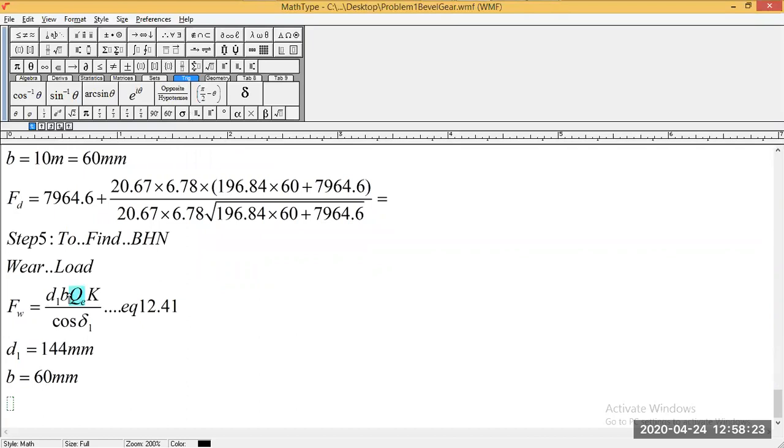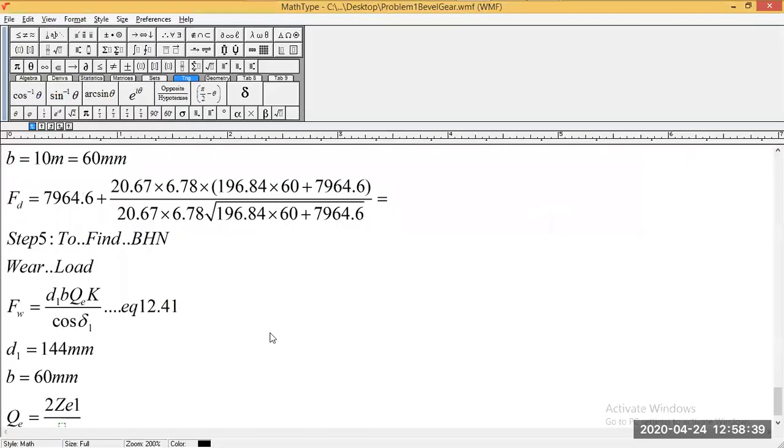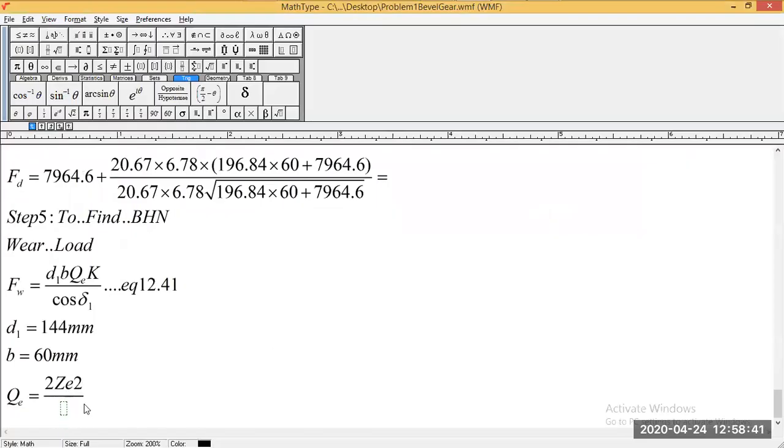QE here is the factor for actual number of teeth. This can be given as 2 times ZE2 over ZE2 plus ZE1. So this small correction you have to make.